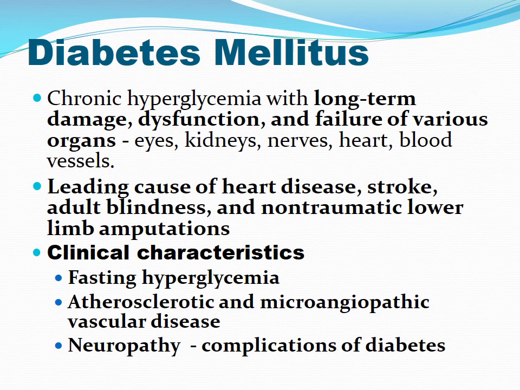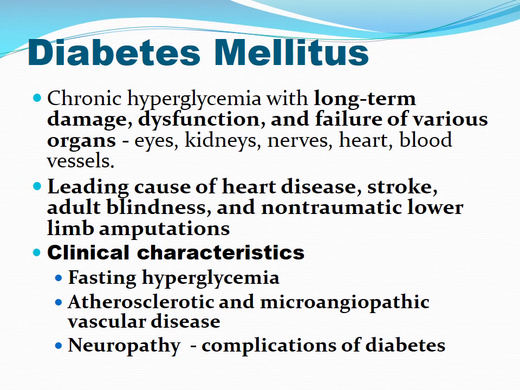Diabetes mellitus is characterized by chronic hyperglycemia with long-term damage, dysfunction, and failure of various organs, including the eyes, kidney, nerves, heart, and blood vessels. It has been found to be a leading cause of heart disease, stroke, adult blindness, and non-traumatic lower limb amputation.